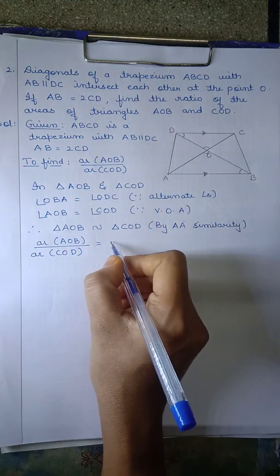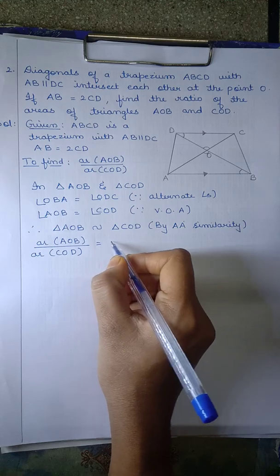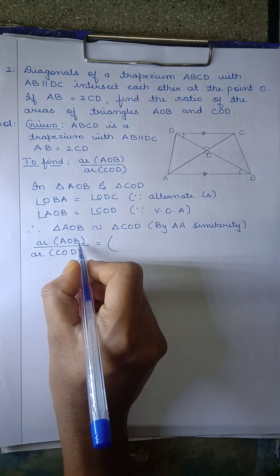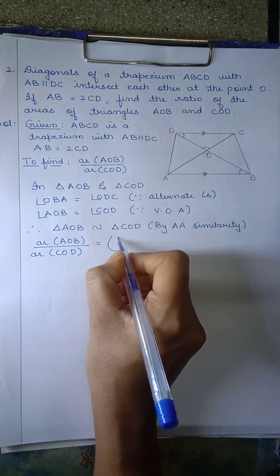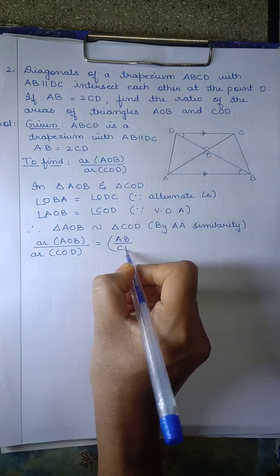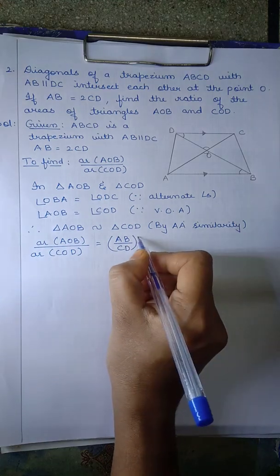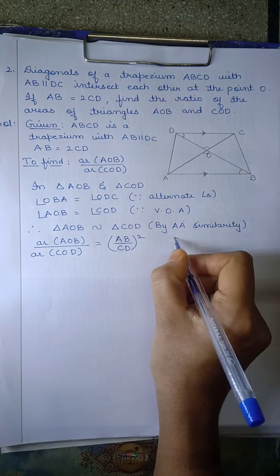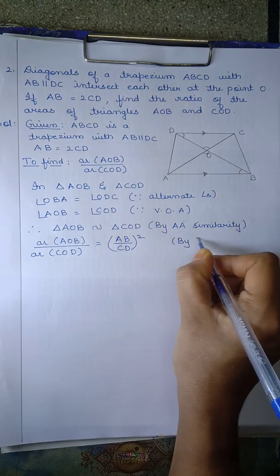Okay, so by this we will get, AOB we have written, so take the side of the triangle AOB, AB, upon CD in triangle COD. AB corresponds to CD. So AB upon CD whole raised to square by the theorem. Okay, you can write by theorem.